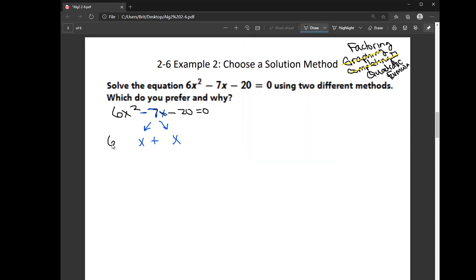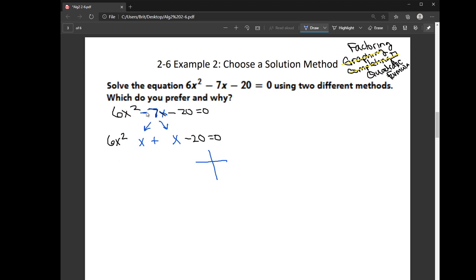We'll still have a 6x squared. We'll still have a minus 20 and an equal 0. Recall, with any of these methods, really, you need your equation equal to 0. So if you do not have your equation in standard form equal to 0, you need to check yourself.